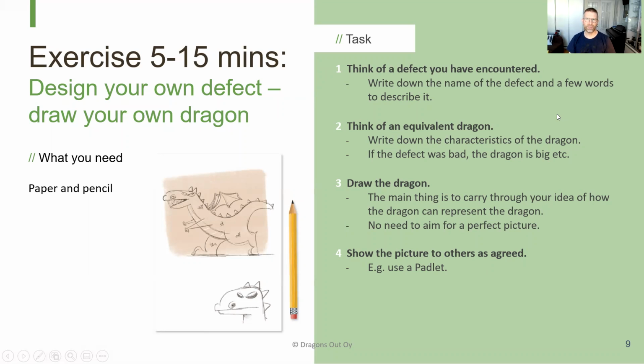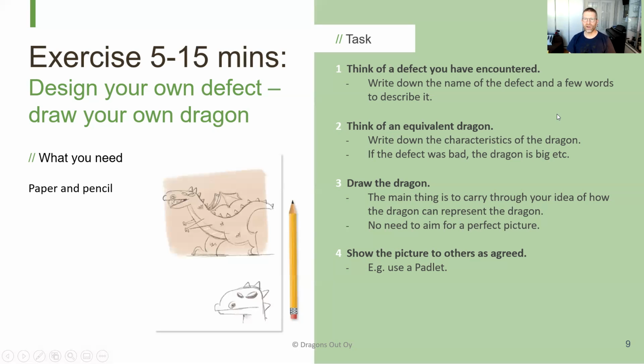That would be a minor defect that doesn't matter that much. Then you can think of an equivalent dragon. If the defect was a dragon, what would it look like? If the defect was bad, the dragon is probably very big, a very large dragon. Make a comparison in that way, and then draw this dragon.